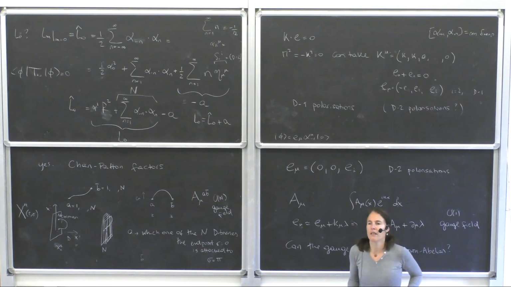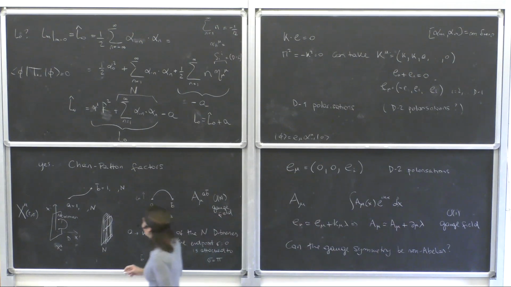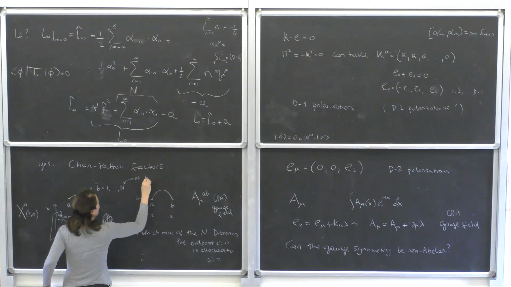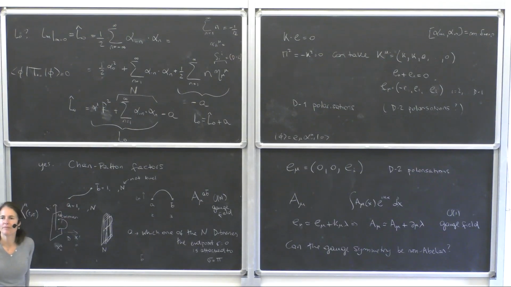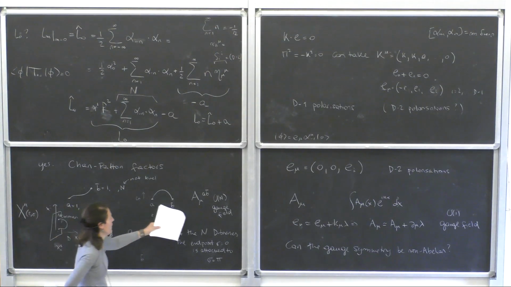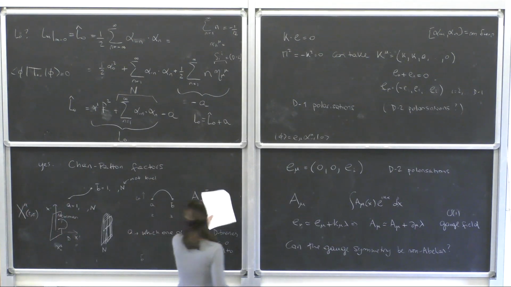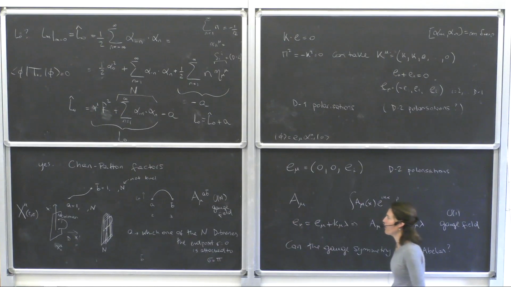No, as it is, no. This is always in the adjoint of some group. The group doesn't need to be U(N); it can be SO(n), or it can be more complicated.